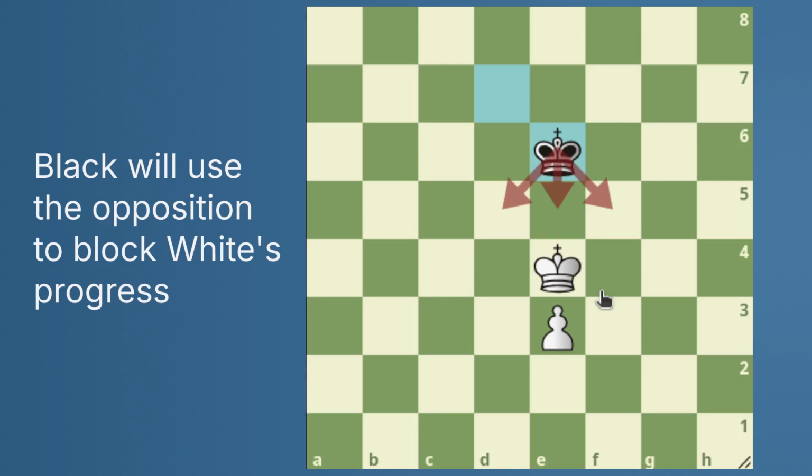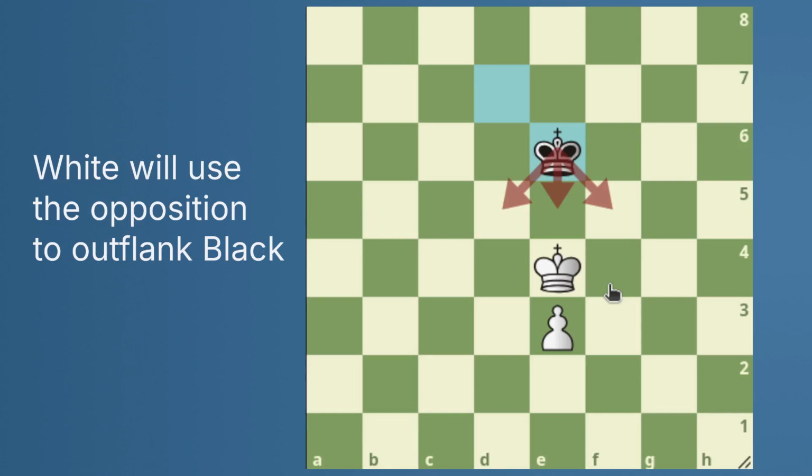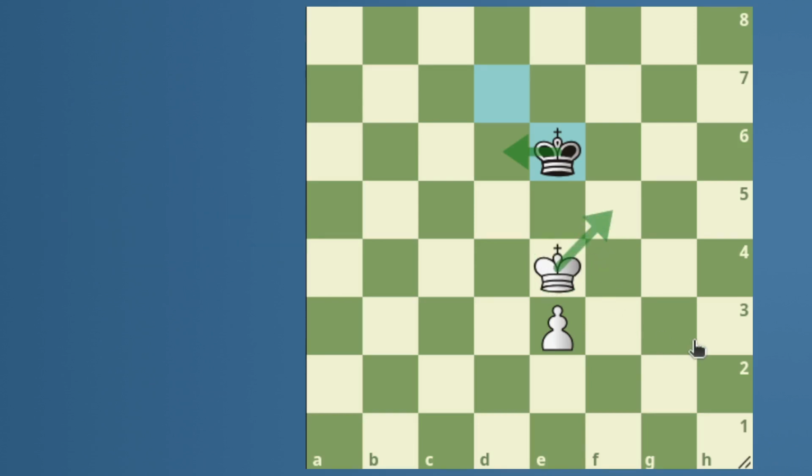Black's goal is to stop the king from advancing up the board and escorting the pawn to the promotion square. White, on the other hand, wants the opposition in order to outflank the black king, to force the black king to step aside and so allow the white king to make progress up the board.